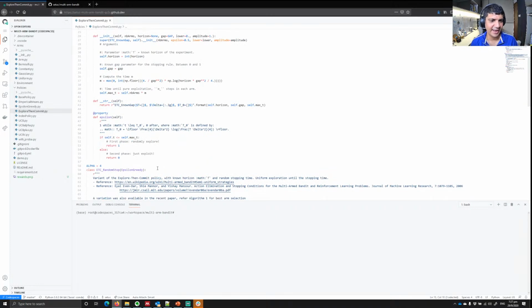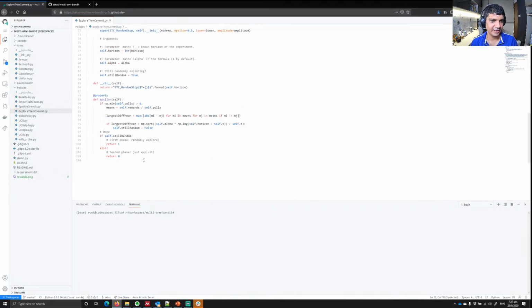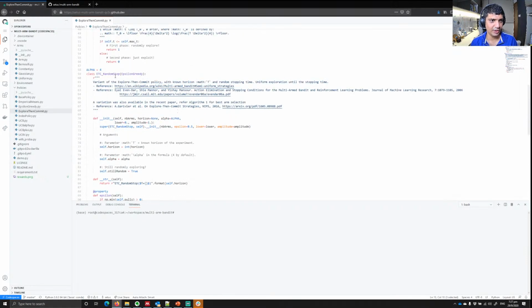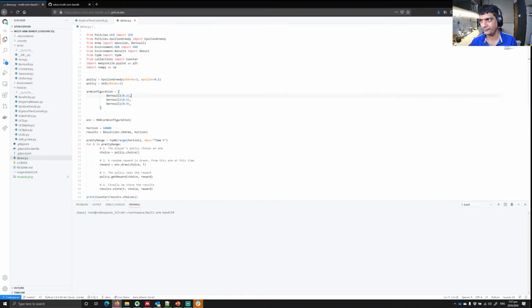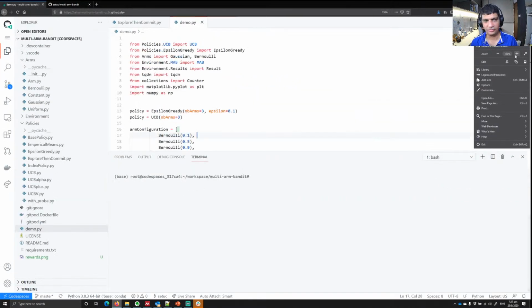And then I have a random stop where it's going to determine what is the largest mean between the two, and then we can play around with these values. So let me just import these values and get going, and zoom in a bit.